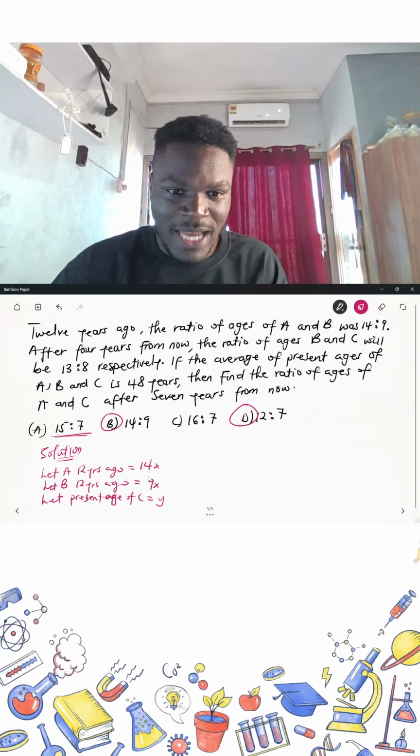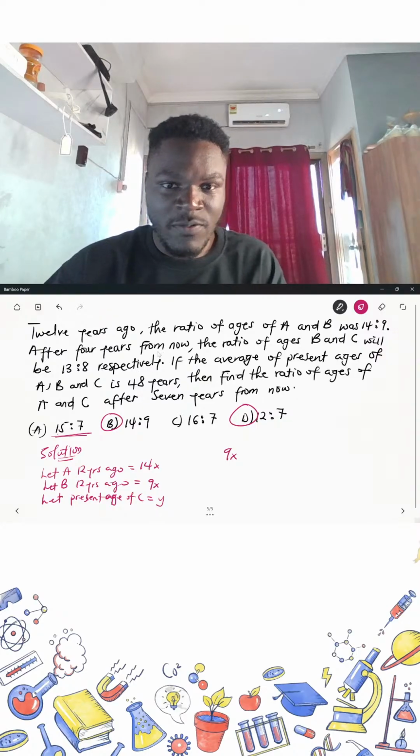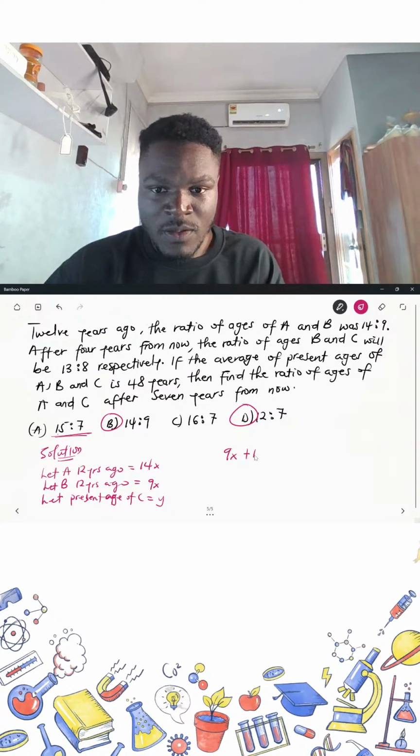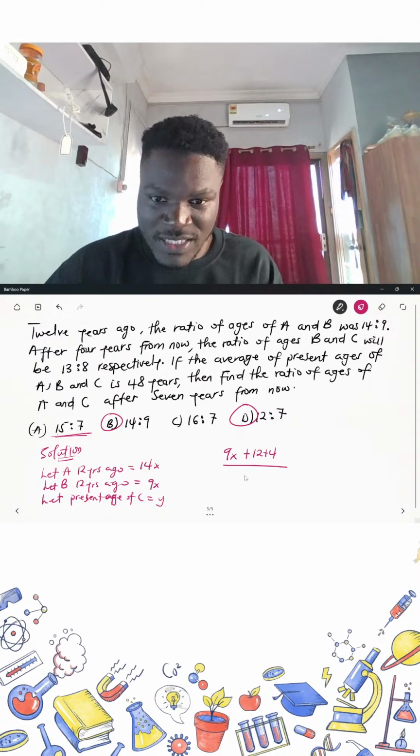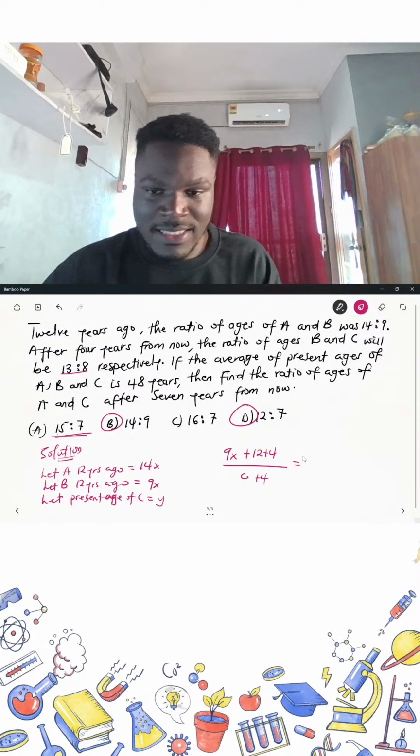So we say that B is 9x, that is 12 years ago. So 4 years from then, it will now be the 12 plus the 4. That is now the present age. The ratio of that to that of C, which is C plus 4, is 13 is to 8, so we have 13/8.